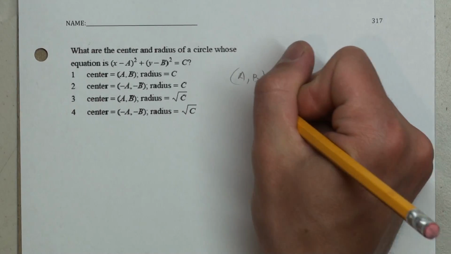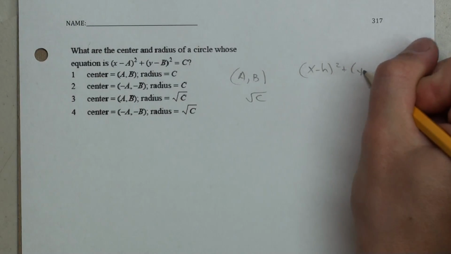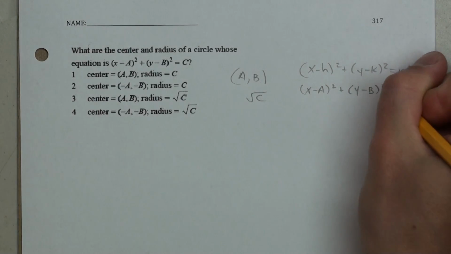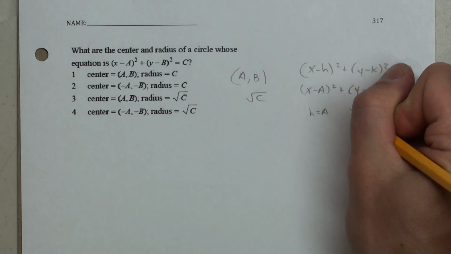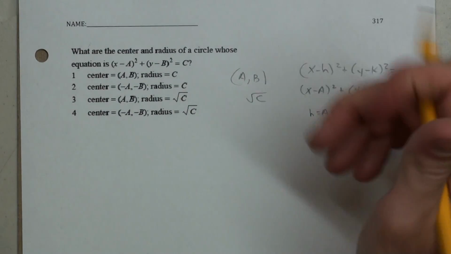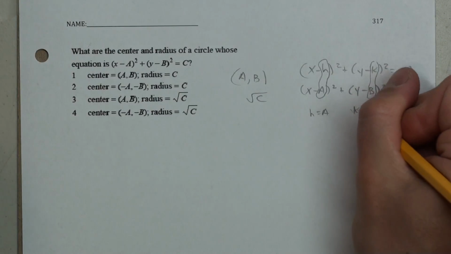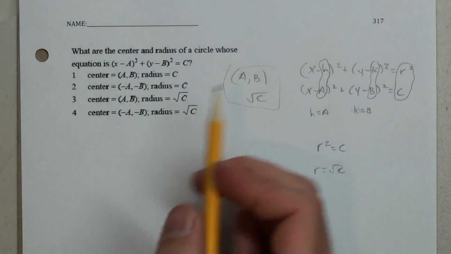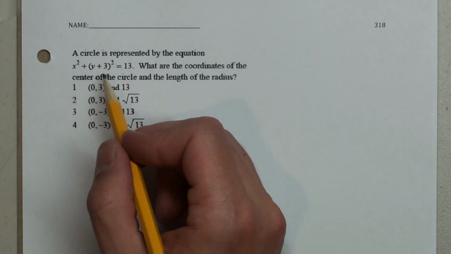So it would be a comma b and the square root of c, right? This one's going to be 0, negative 3, square root of 13.